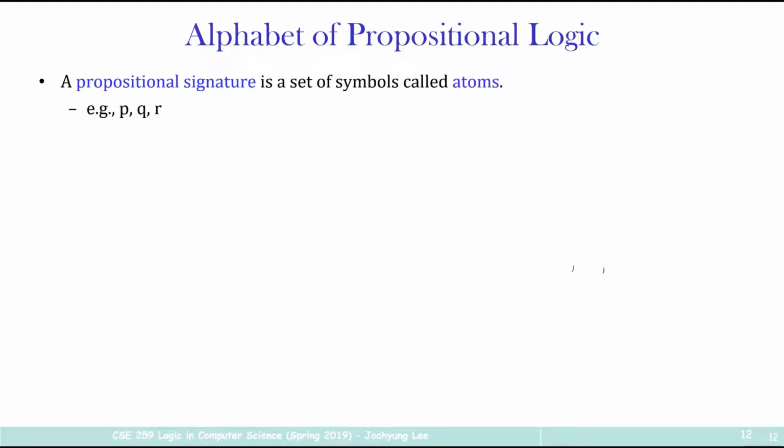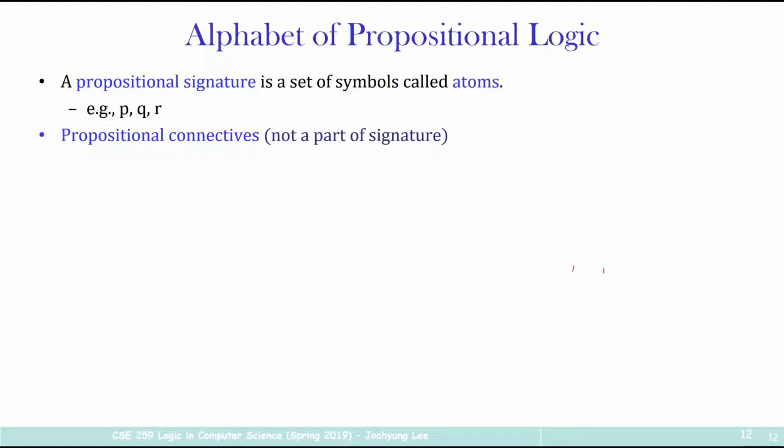has multiple components. The first one is called the propositional signature. We already saw these kinds of things in the previous slide: P, Q, R. Those kinds of atomic sentences are called atoms.